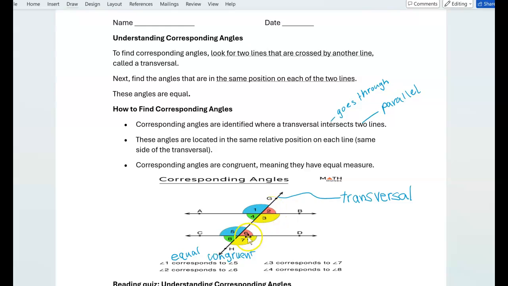Same as the red angles and the yellow angles. Corresponding angles are congruent or equal, meaning they have the same measure.